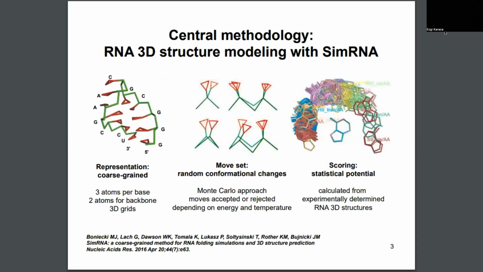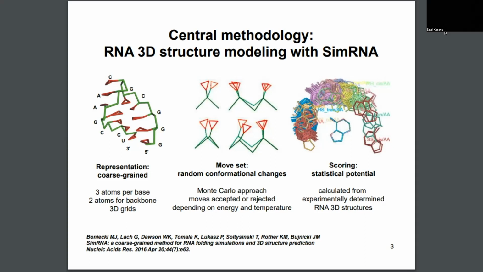Probably most of you have already seen that slide or my presentation about SimRNA. Those of you who are interested in RNA, it's a method that is based on a coarse-grained model, which includes 5 centers of interactions per residue, 3 for the base, 2 for the backbone, with grids on the backbone and on the side chain.